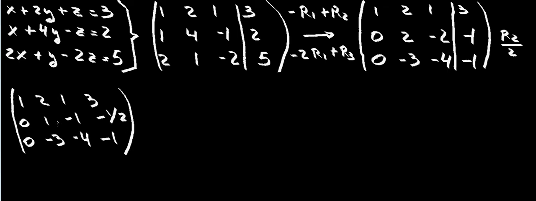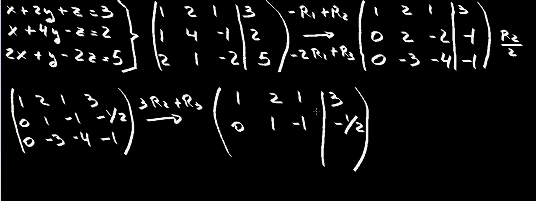Now we have this 1 in the pivot position, and we can cancel this minus 3. We want to get a 0 in this position for the minus 3. So we're going to do 3 times row 2 plus row 3 is going to be our new row 3. So I have rewritten row 1 and row 2 because they're not going to be changing. Now our new values for row 3 are going to be 3 times row 2.